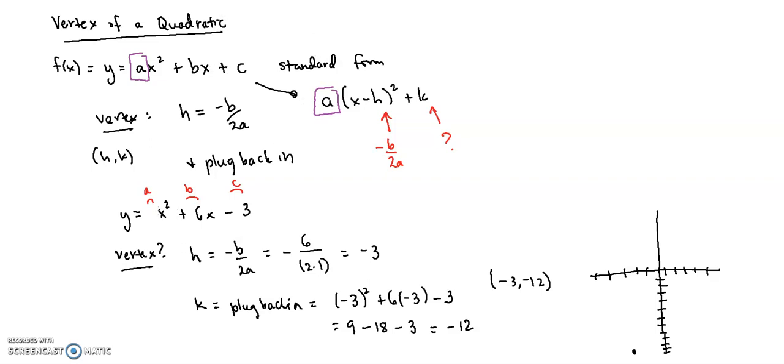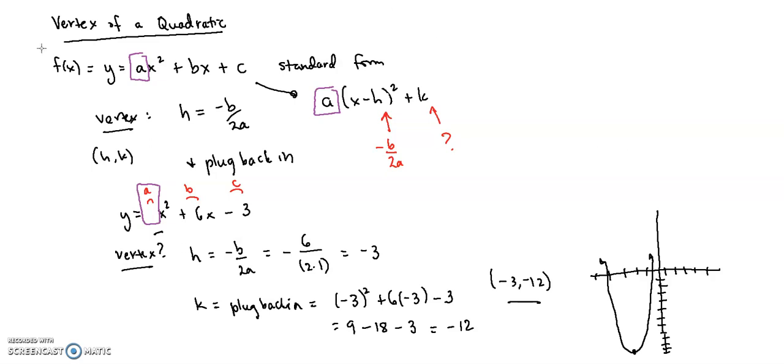So we also know from looking at our equation here, we do it in purple, we see that our A is positive 1, and we know what that means. That means that we're the normal size and we're facing upwards. So we could sketch this in from here. Normal size parabola facing upwards looks something like that. Okay, so between the vertex and the A value, you already know something about the graph.